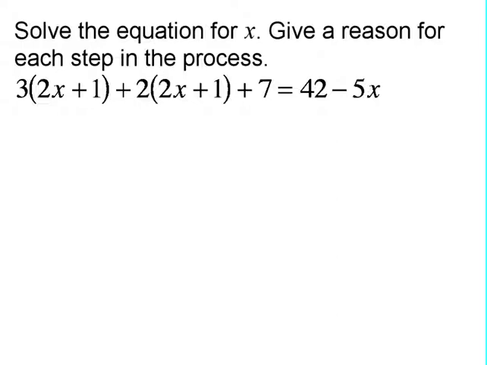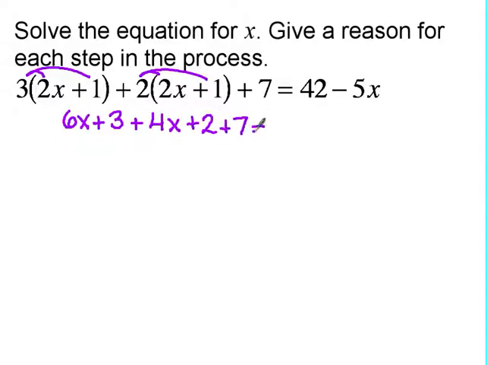What would be the very first thing you would do if you were going to solve this equation? Yeah, you would distribute. So I'm going to distribute that 3 to each and the 2 to each. When I do that, I get 6x plus 3 plus 4x plus 4 equals 42. I'm going to put a little rule over here, and I'm going to say distribute.